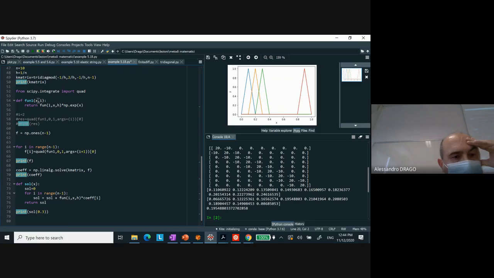I want to integrate this function. Notice here that in fun1, I already eliminated h. H is a parameter, so to say, that I have chosen, but it's probably not the best way. This needs to be written better, because I think it would be much better to keep h inside here, so that afterwards we can change h, for instance.